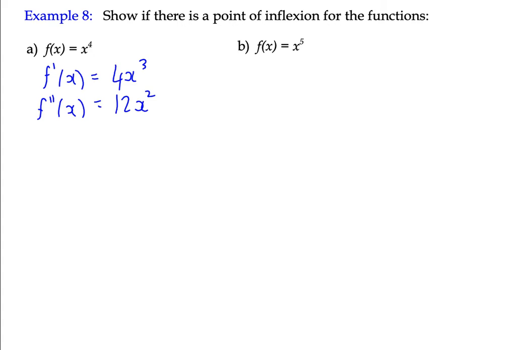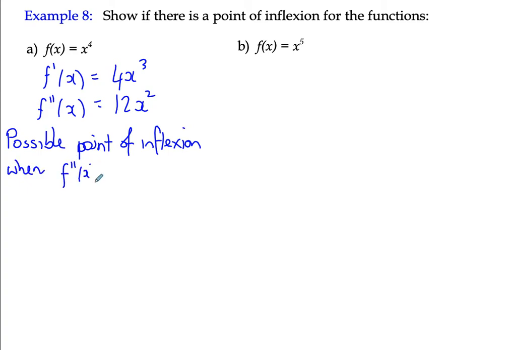Okay, so what are we saying here? We want to say that there's a possible point of inflection. Now I tend to write "possible". And I still use x, even though you could use c. When f double prime x equals 0.